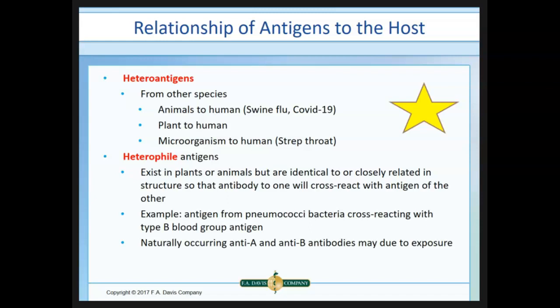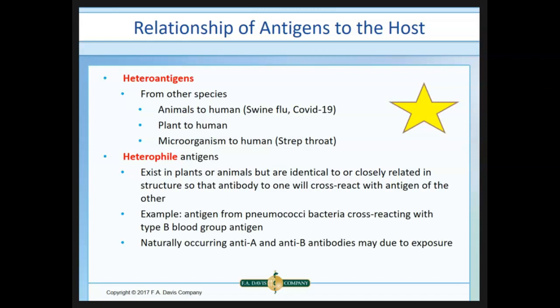Now, heterophile antigens are different but kind of the same. Phile means loving, hetero means different. So these exist in plants or animals, but they are identical or closely alike in structure, so that an antibody from one species will cross-react with the antigen of another species.